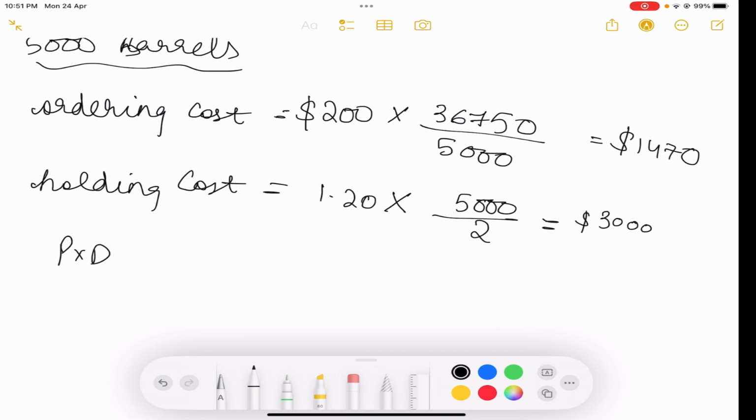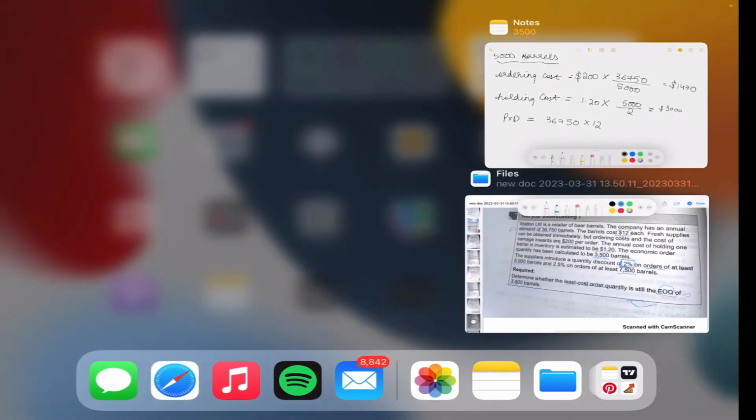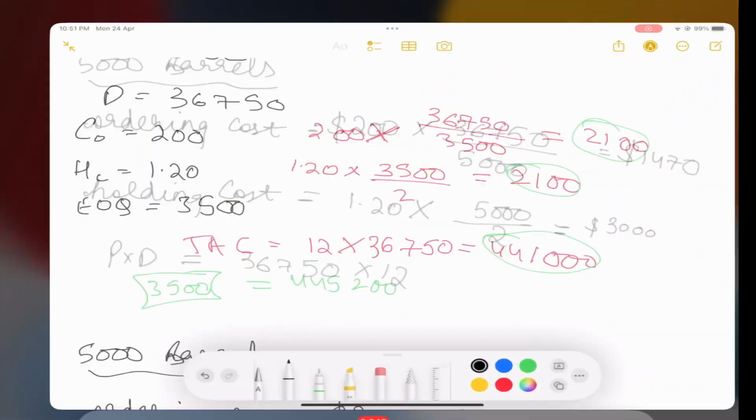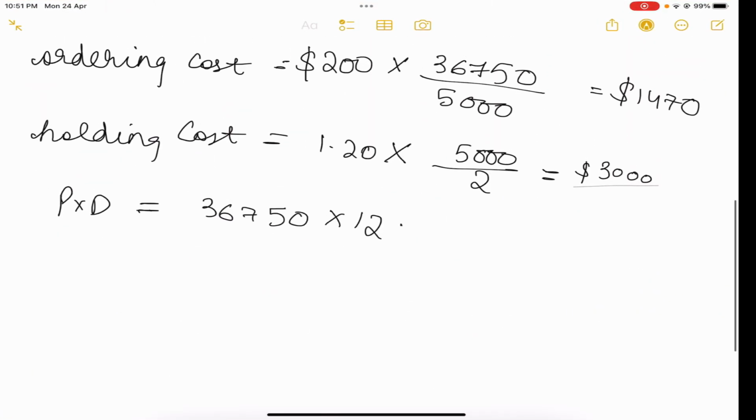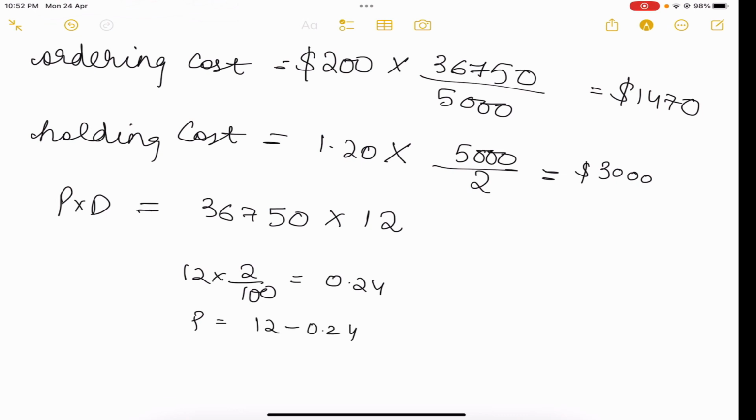My quantity discount will be applied on my purchase cost, so demand multiplied by the price of one item, less 2%.